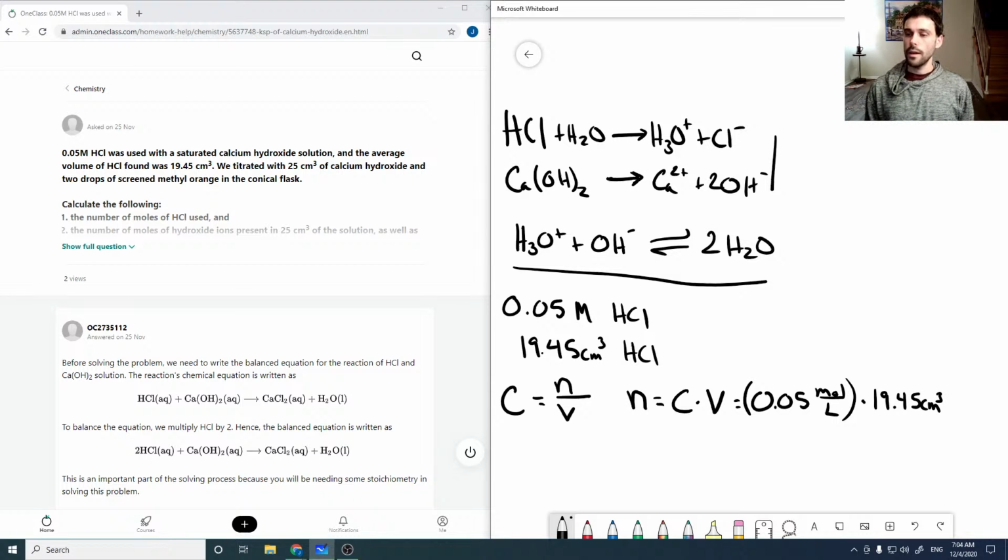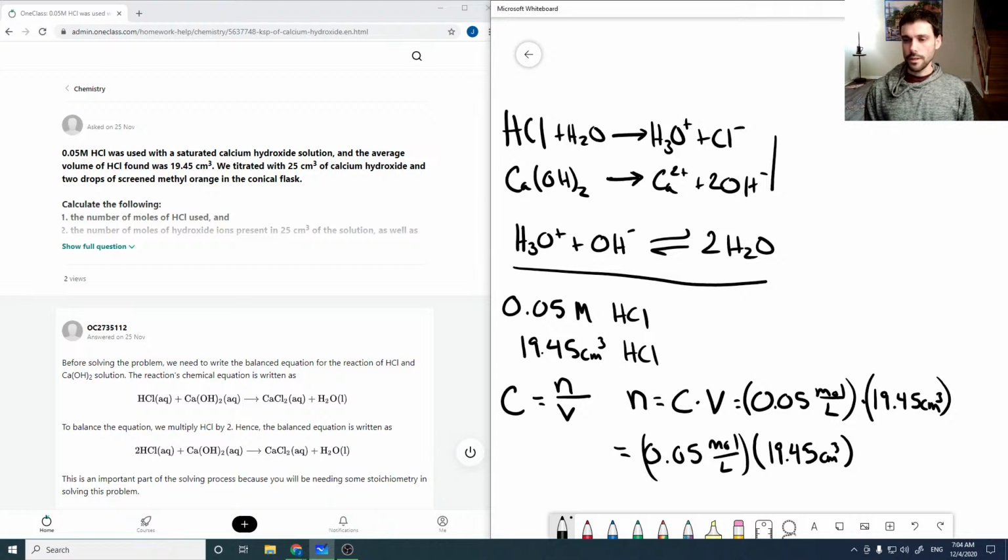I'm going to write my unit conversions down below, just because there's a few of them. So moles per liter times this 19.45 centimeters cubed.